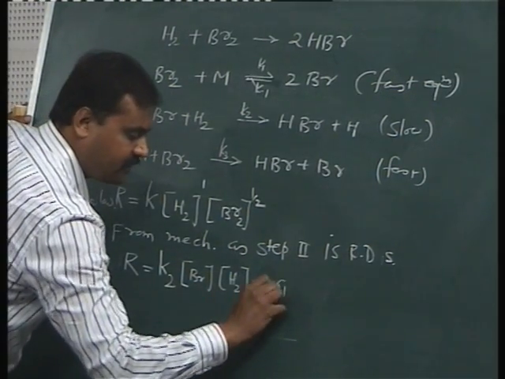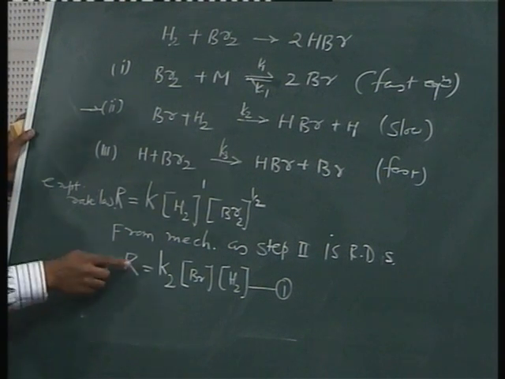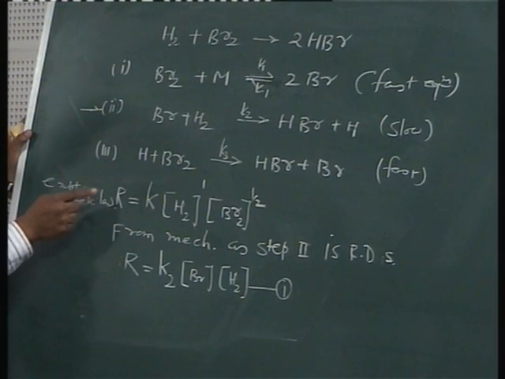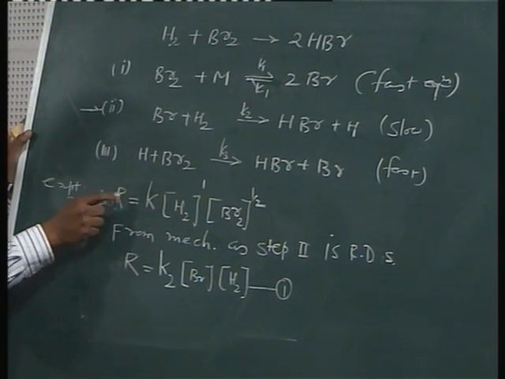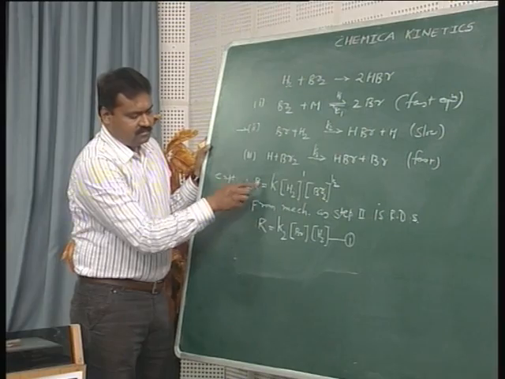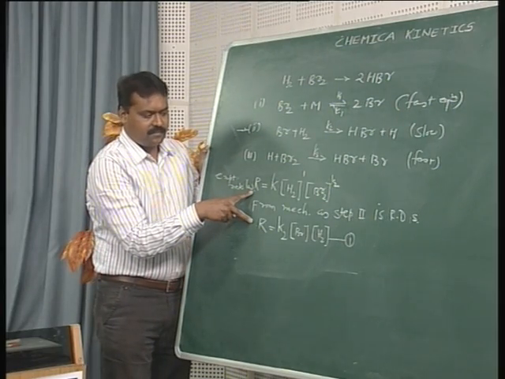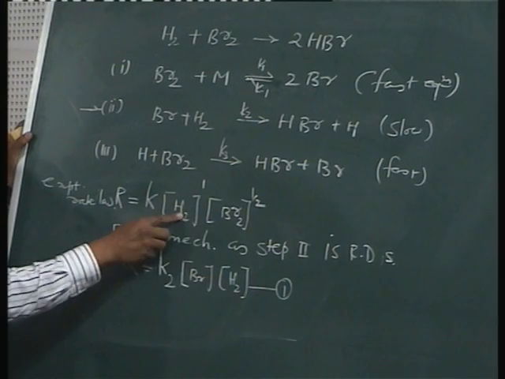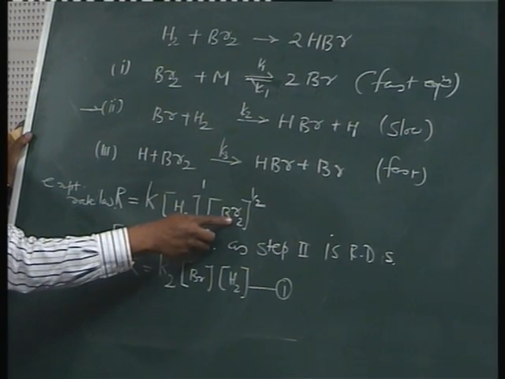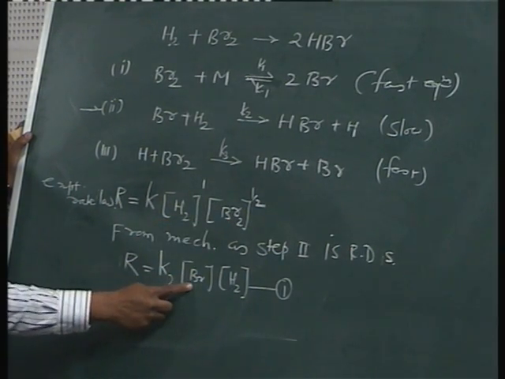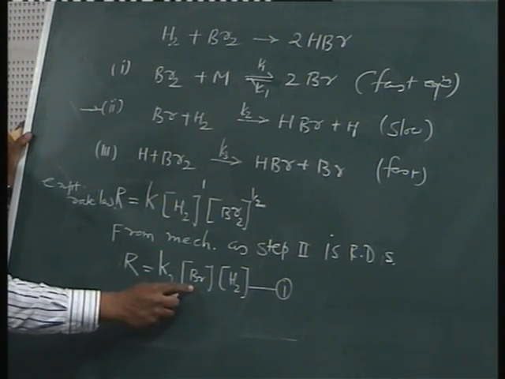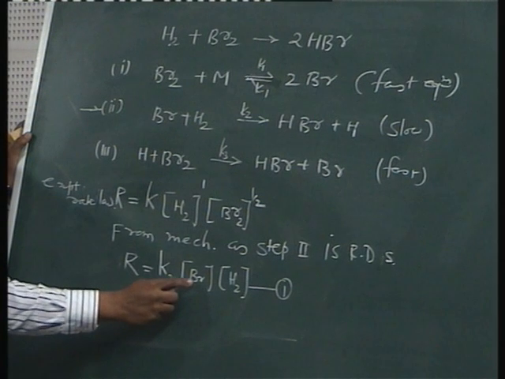Say this is 1. Now compare this rate law which is derived from the mechanism with the experimental rate law, that is this. When we compare these two, it looks like here there is H2 concentration, here there is Br2 concentration, and this is Br concentration. So we want Br2 concentration instead of this Br concentration.